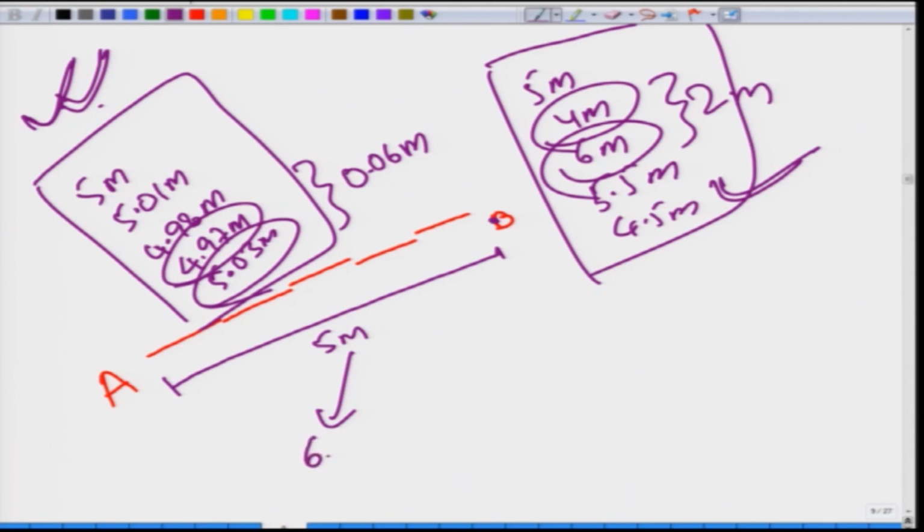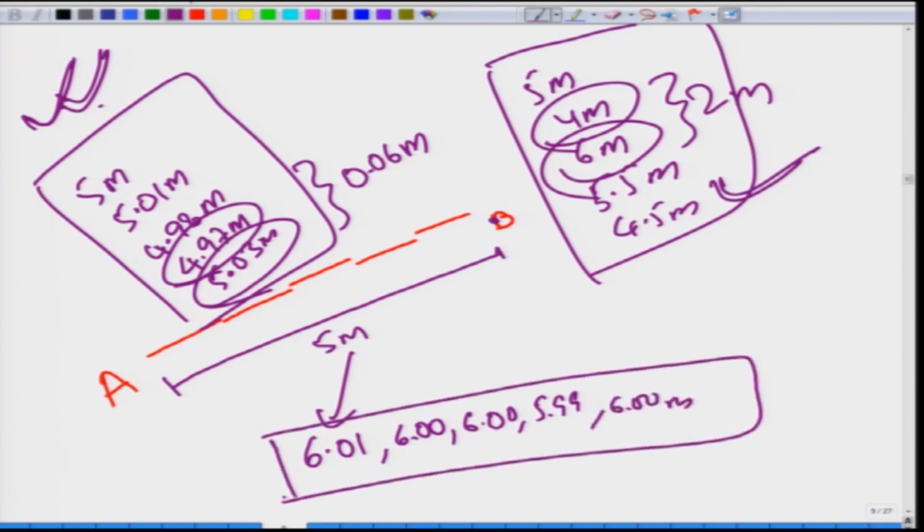So, let us say that he measured 6.01 meter, 6.00 meter, 6.00 meter, 5.99 meters and 6.00 meters. Now, these readings are extremely precise, because the difference between the lowest and the highest values is 0.02 meters.